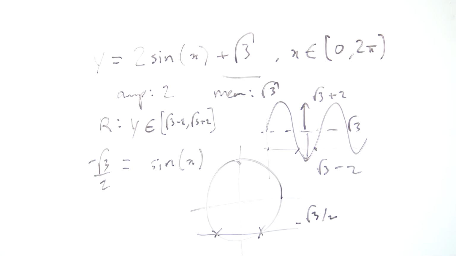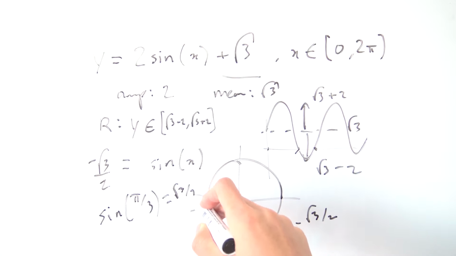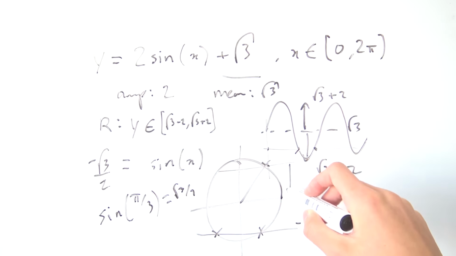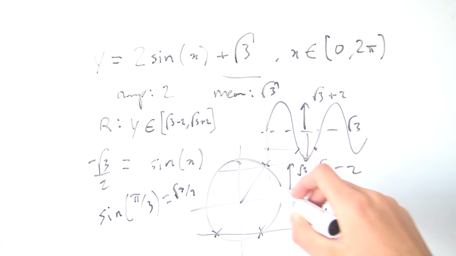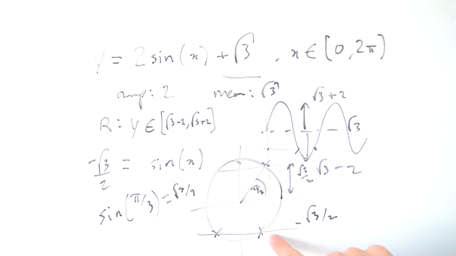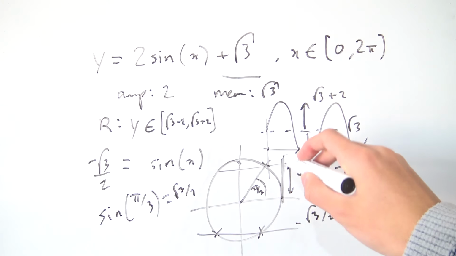Well, if you use your exact values table, you will know that the sine of pi over 3 is exactly root 3 over 2. So the sine of pi over 3 is right here, and it has a y value of root 3 over 2. So that's when our theta is pi over 3. But we want this angle right here in the negative region. You see, this height right here is root 3 over 2.